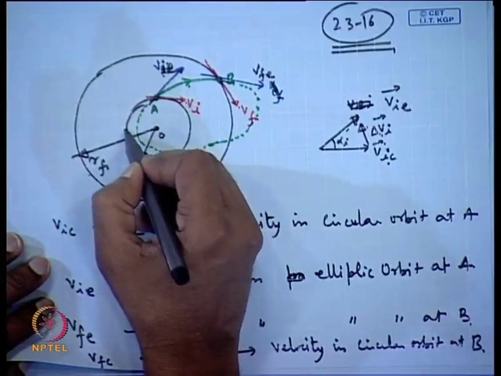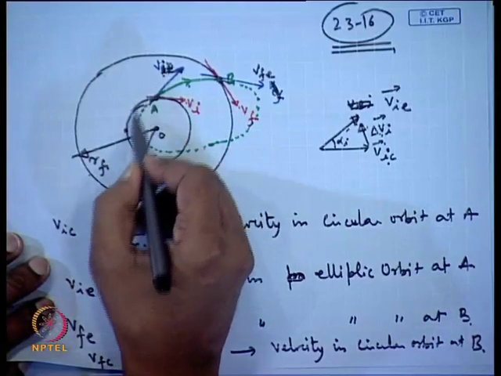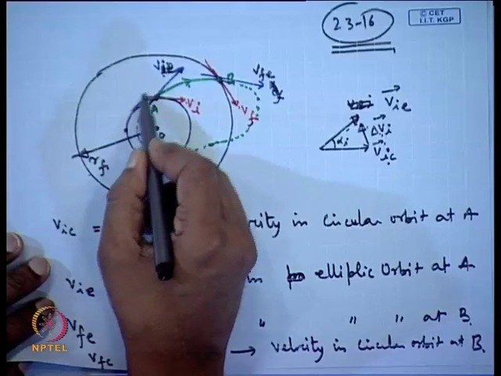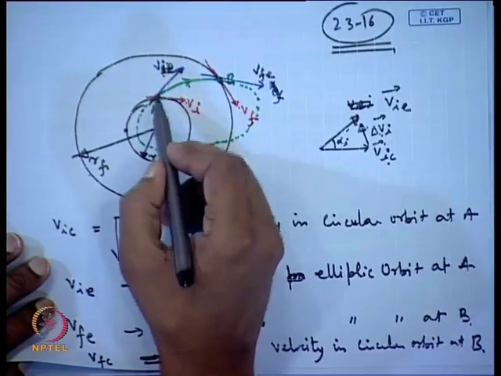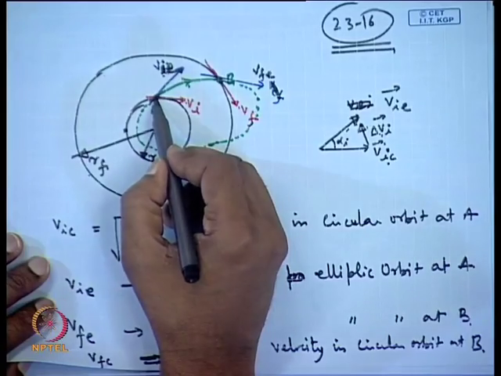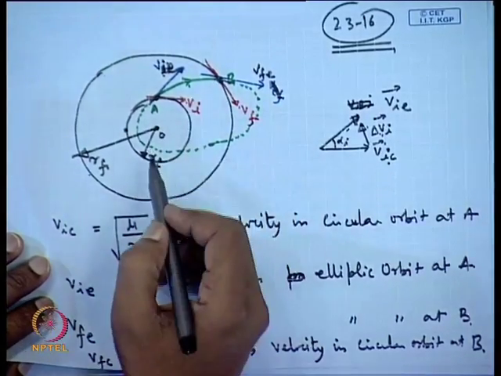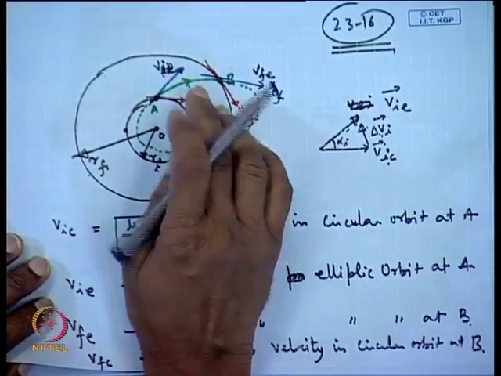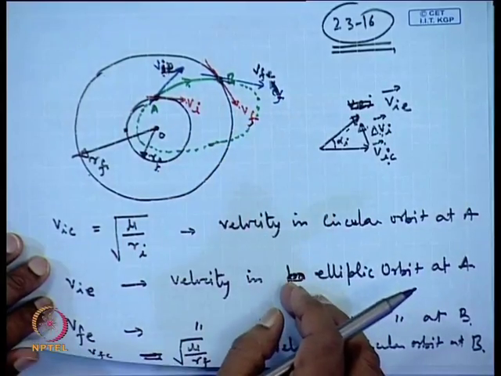Means we are not starting at this point and then going tangentially up to this point. Rather, at an intermediate point, we are passing from point A to point B. So, this is not the Hohmann transfer we have been discussing.